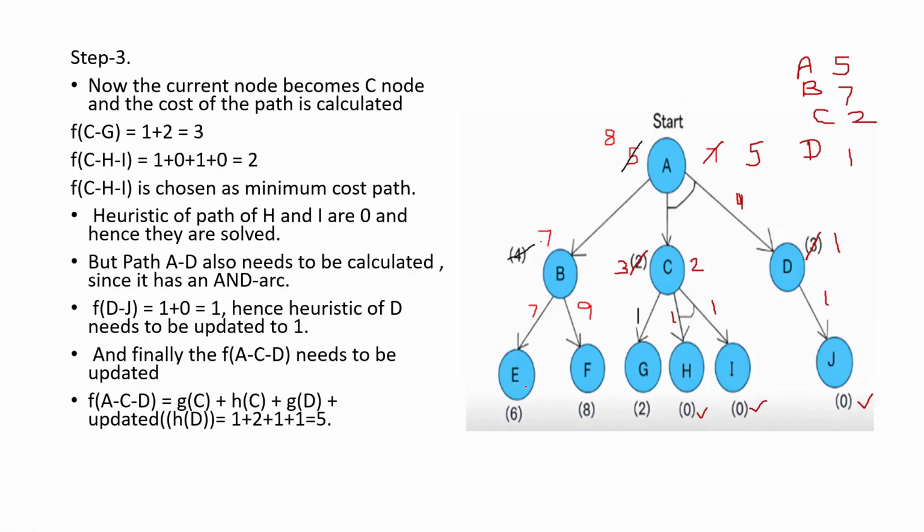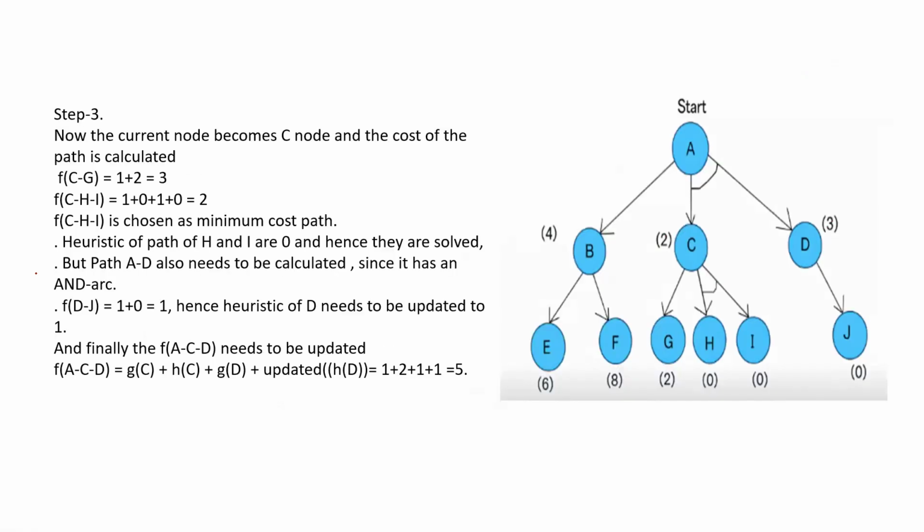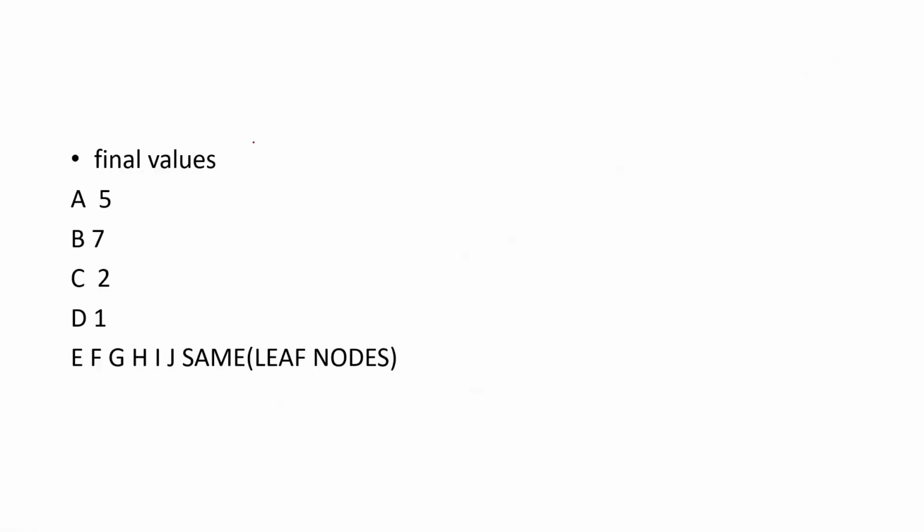And heuristic value of E, F, G, H, I, there is no change. Why? Because they are leaf nodes, they never change. All these steps were written in this. Okay, so you will understand from your notes. Now you have to write like this. The final values: A is equal to 5, B is equal to 7, C is equal to 2, D is equal to 1, E, F, G, H, I are the same as in the question, because they are leaf nodes, they won't be changed.